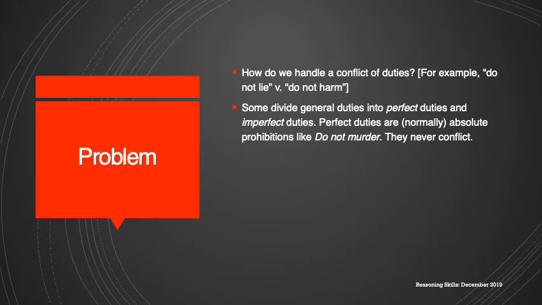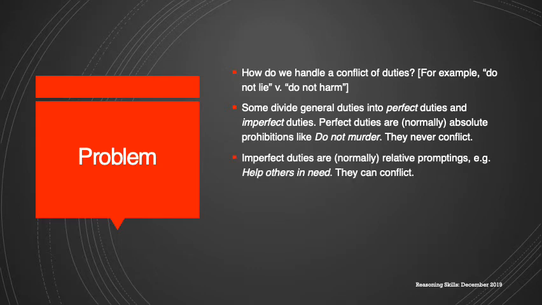Some philosophers divide general duties into perfect duties and imperfect duties. Perfect duties are normally taken to be absolute prohibitions like do not murder. And generally they don't conflict with each other. Imperfect duties, however, normally are sort of relative and context sensitive, such as saying help others in need.